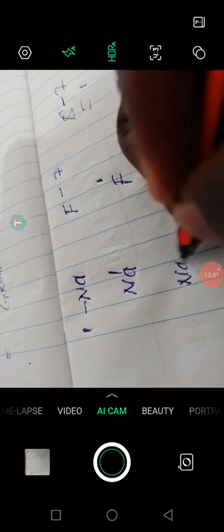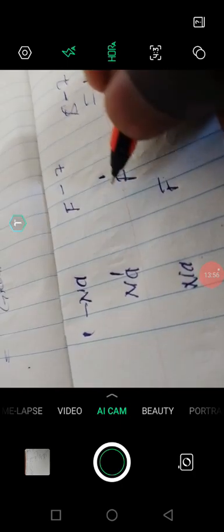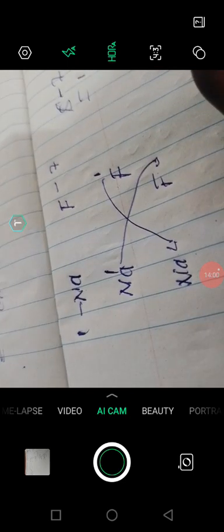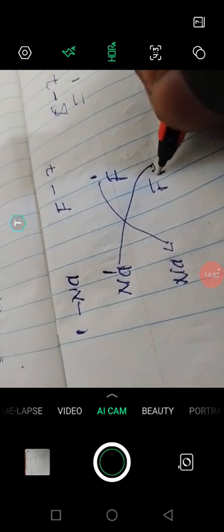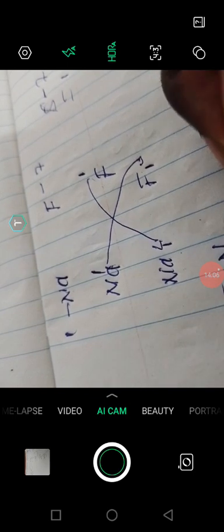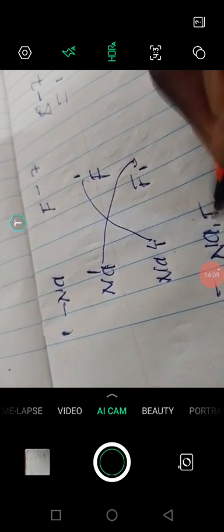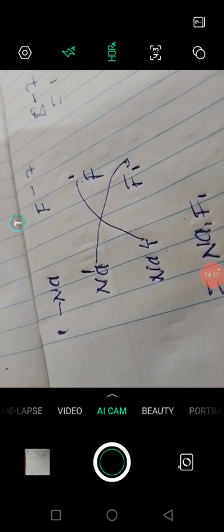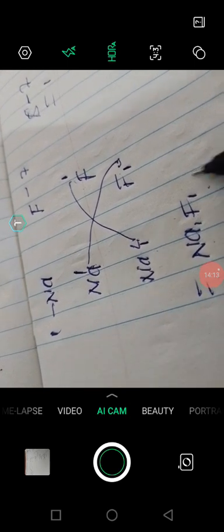Now see what's going to happen. I put sodium here and fluorine here. They share or exchange their valences: this one comes here, and this one comes here. So we form something like this: Na and F, each with 1.